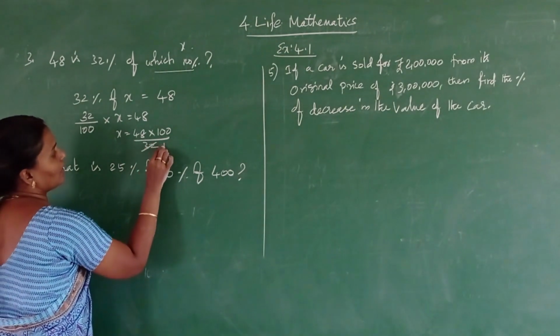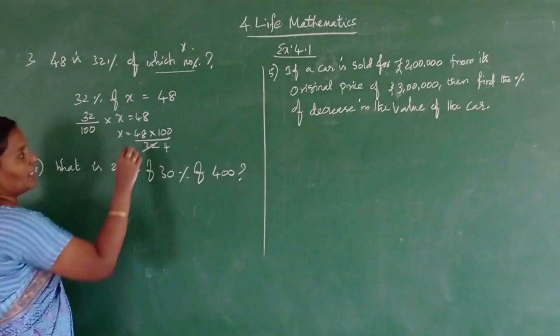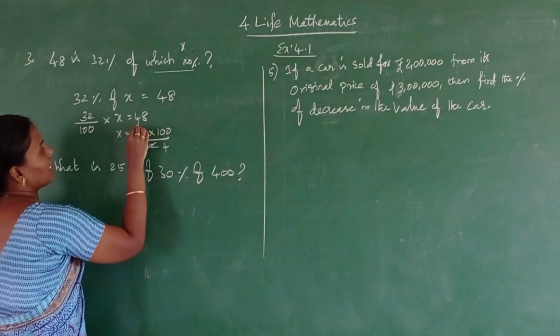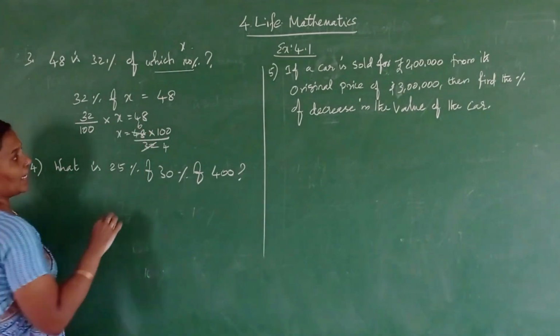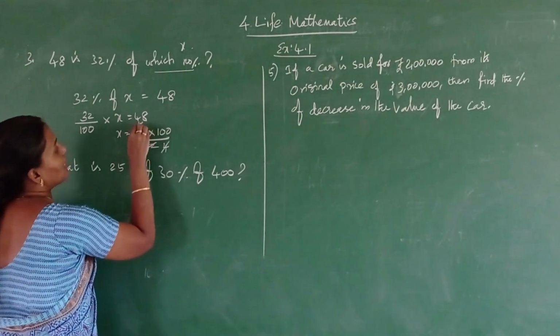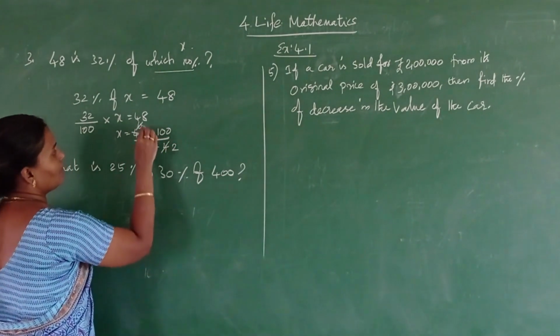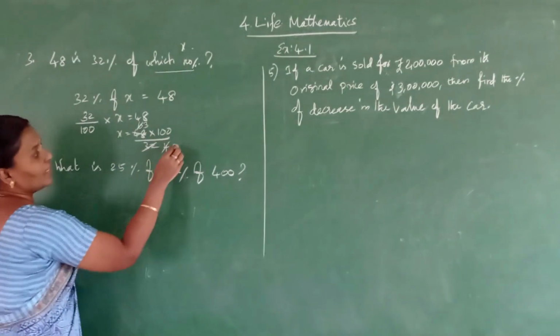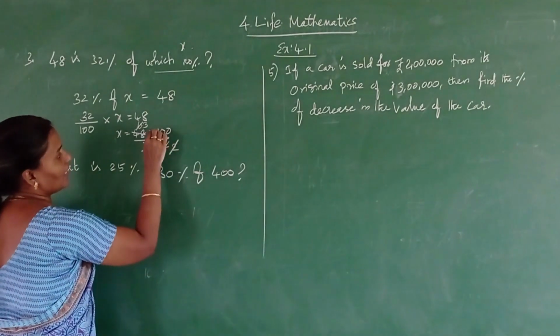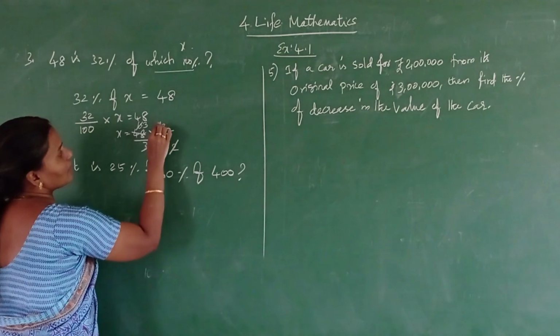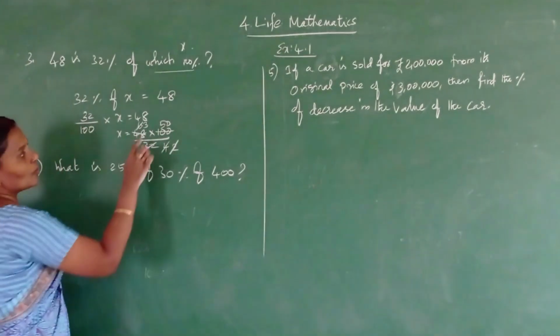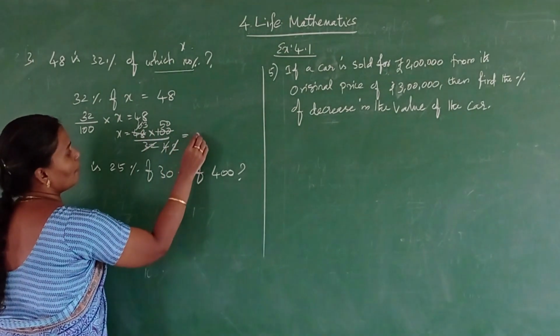Here 4 8s are 32. Then here 8th table, 6 8s are 48. Again cancel with the second table. Here 2 times, here 3 times. Then second table, here cancel with 100. So it's a 50. So 3 50s are 150.